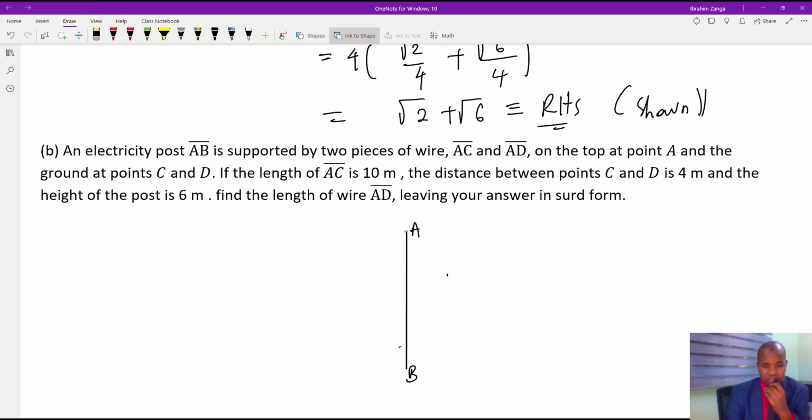The first wire is going to start here to this point. Then we have a second wire coming to another point. So we have C, and here we have D.